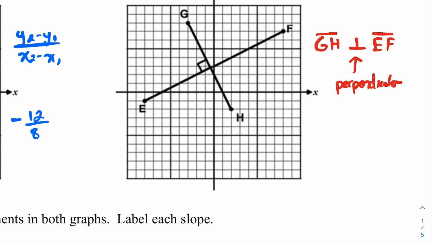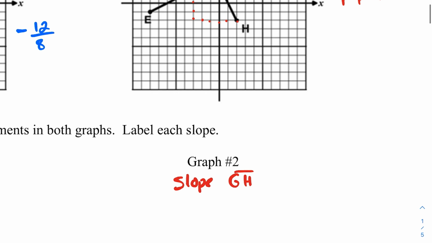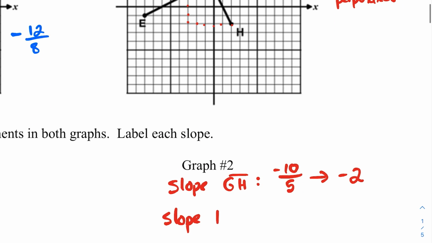So GH, down 1, 2, 3, 4, 5, 6, 7, 8, 9, 10. Right 1, 2, 3, 4, 5. Down 10, right 5. So that is a slope of negative 2. And now let me find the slope of EF.